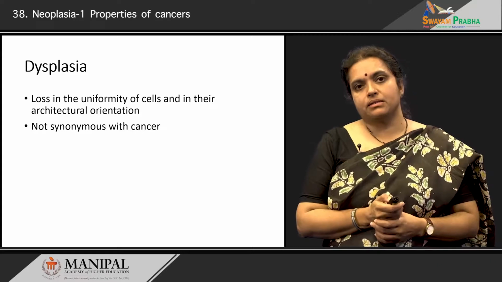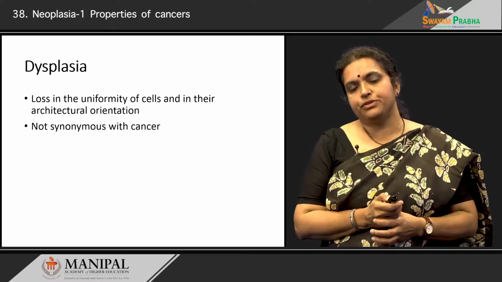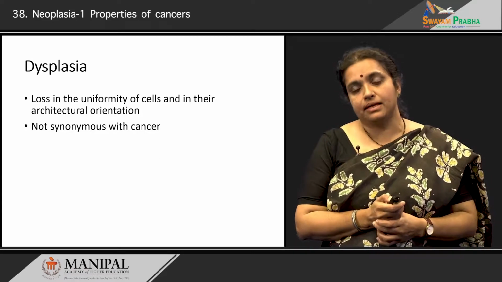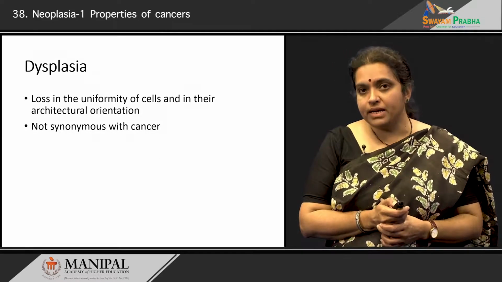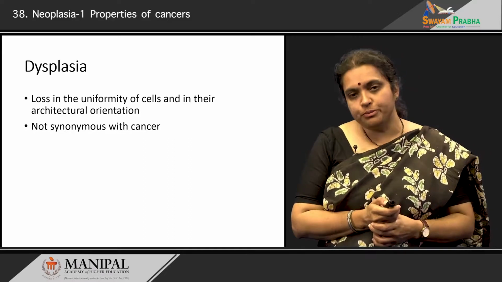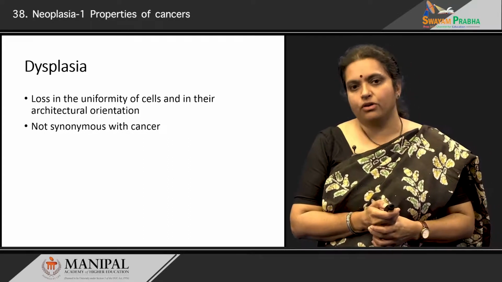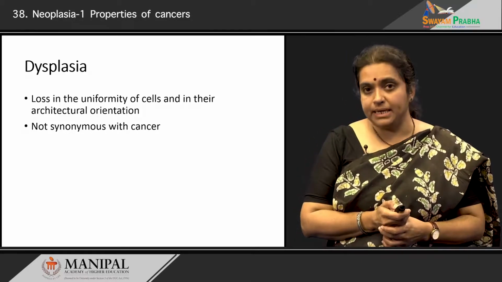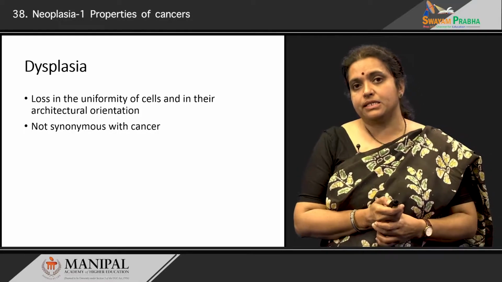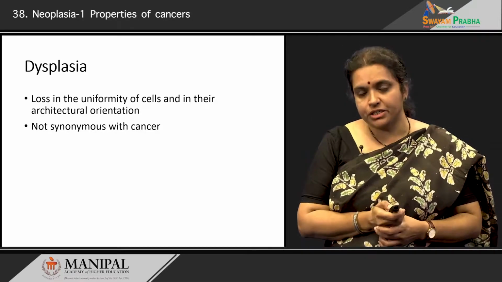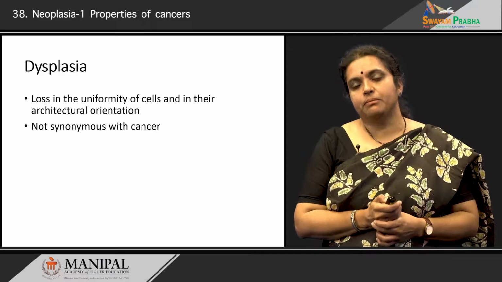We must remember that dysplasia is not synonymous with cancer. Even a pre-invasive stage of a tumor such as a carcinoma in situ of the skin or the cervix can show dysplasia. So, dysplasia does not mean cancer. Only when there is invasion does a tumor become cancer.